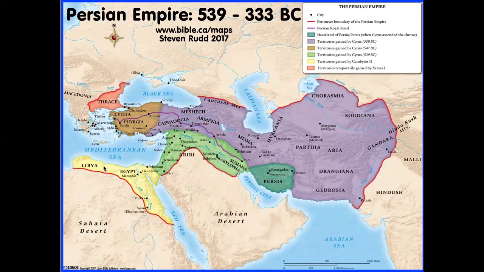This would be Cush and Put, which would be more modern day Egypt, Sudan and Libya. And it goes all the way to India. So this is a big area.